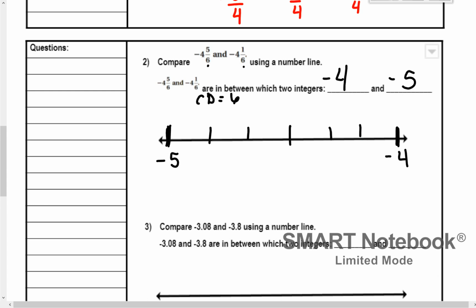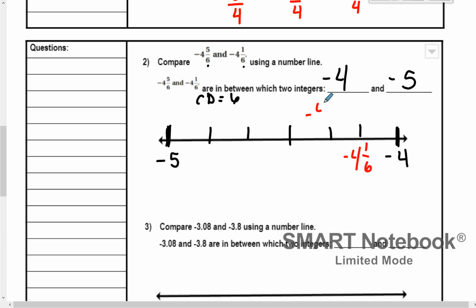So let's think, if we were positive, our value here would be like 4 and 1/6. So if we're going negative, this same exact one would be -4 and 1/6.